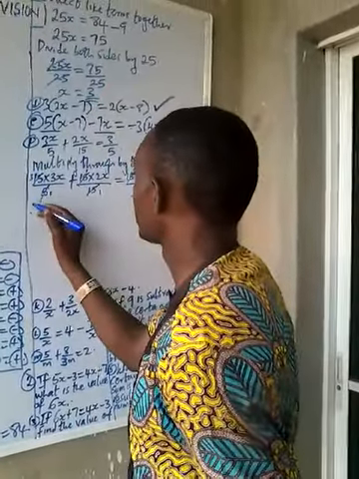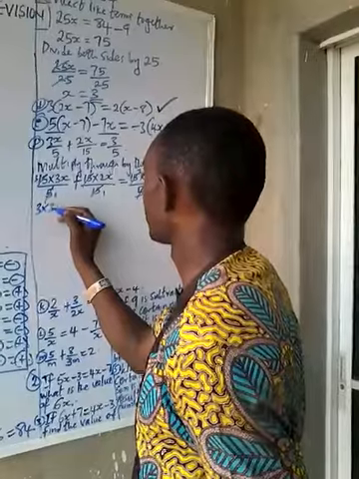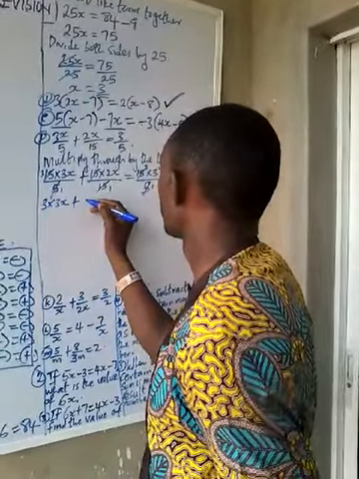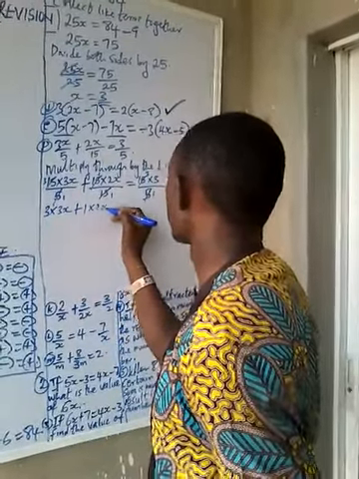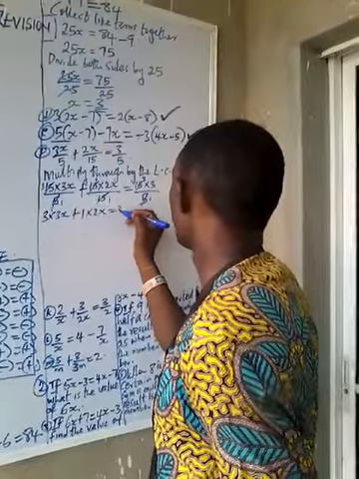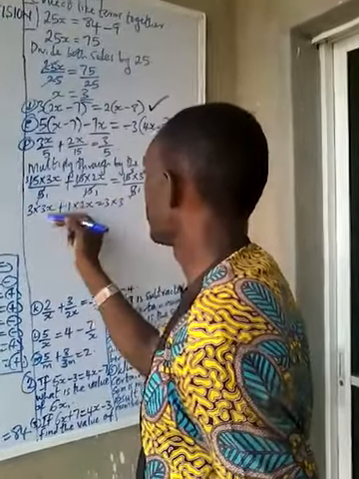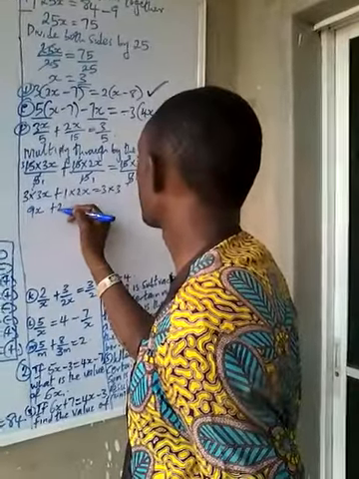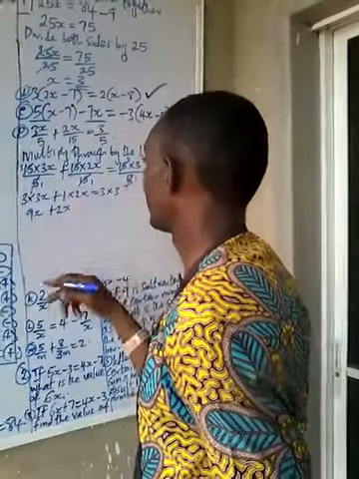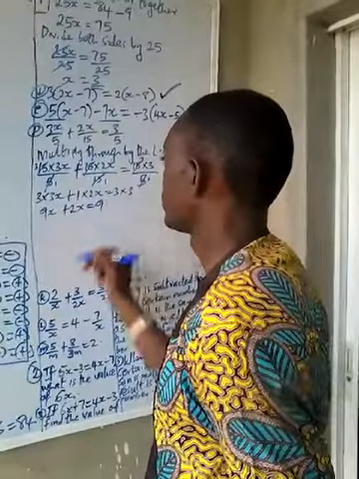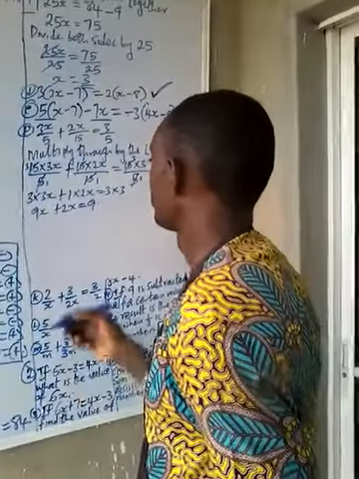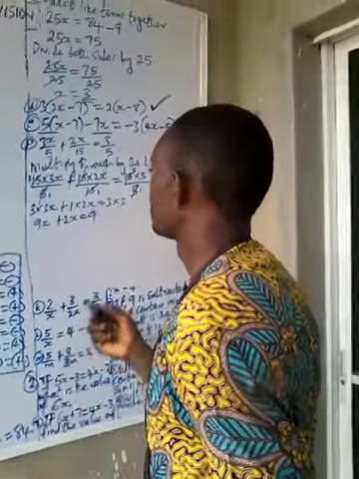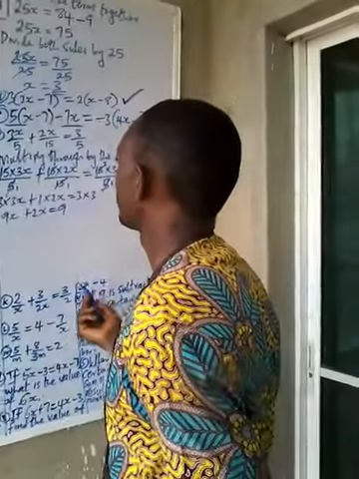What is remaining is 3 multiplied by 3x plus 1 times 2x is equal to 3 times 3, and what will you have? 9x plus 2x, because 1 times anything is that thing, is equal to 9.